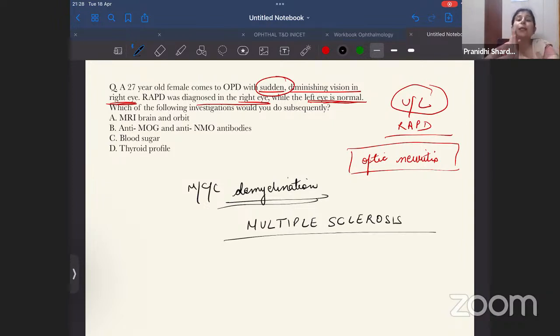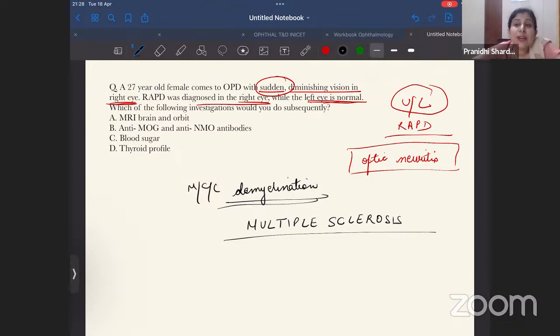Up to 50% of the patients with MS can have optic neuritis at one point or another, and even 40 to 50% of the patients with optic neuritis will, at one time, suffer from multiple sclerosis. So this is such a common association between multiple sclerosis and optic neuritis.